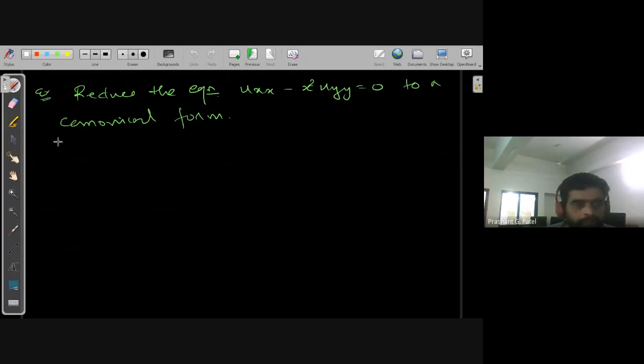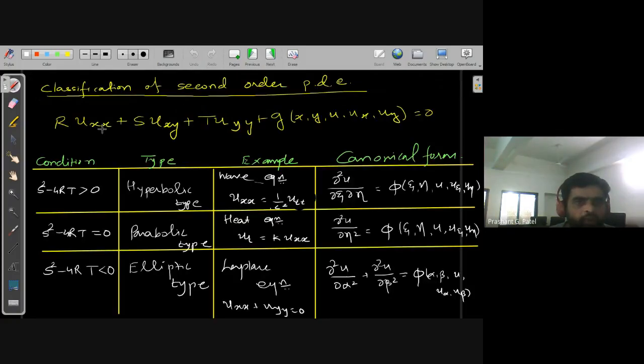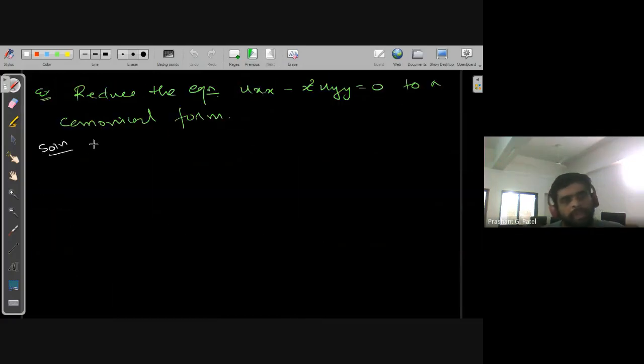So as per the method, we'll compare this partial differential equation with the standard equation, that is R uxx plus S uxy plus T uyy plus some function is equal to 0. So comparing equation 1, what is the equation 1?